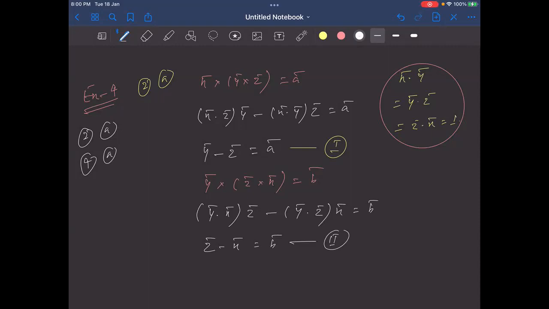Yes, sir. So what do we learn from this 1 and 2? I think y minus x value is coming from 1 and 2. Are we getting y minus x by adding both? Is it a valid equation? By adding 1 and 2 we are getting y minus x. Clear?